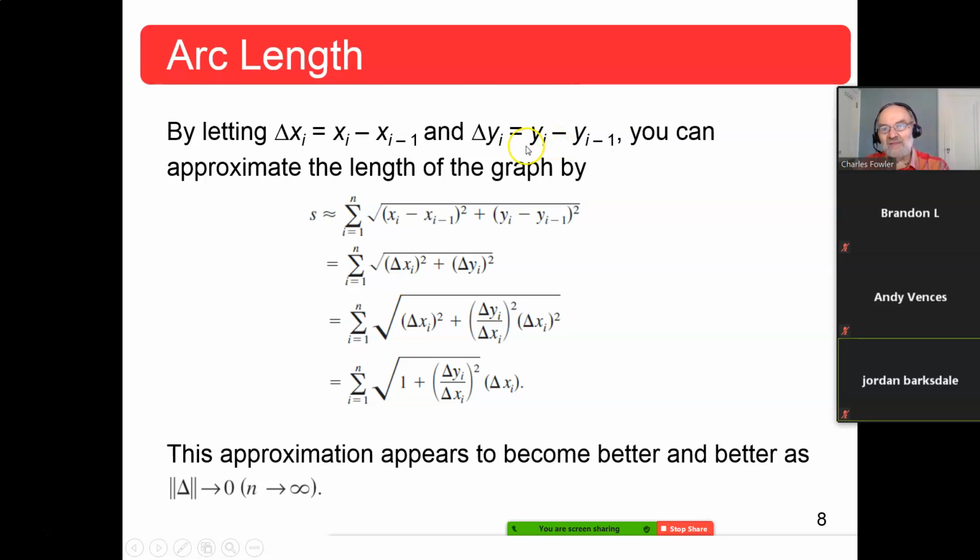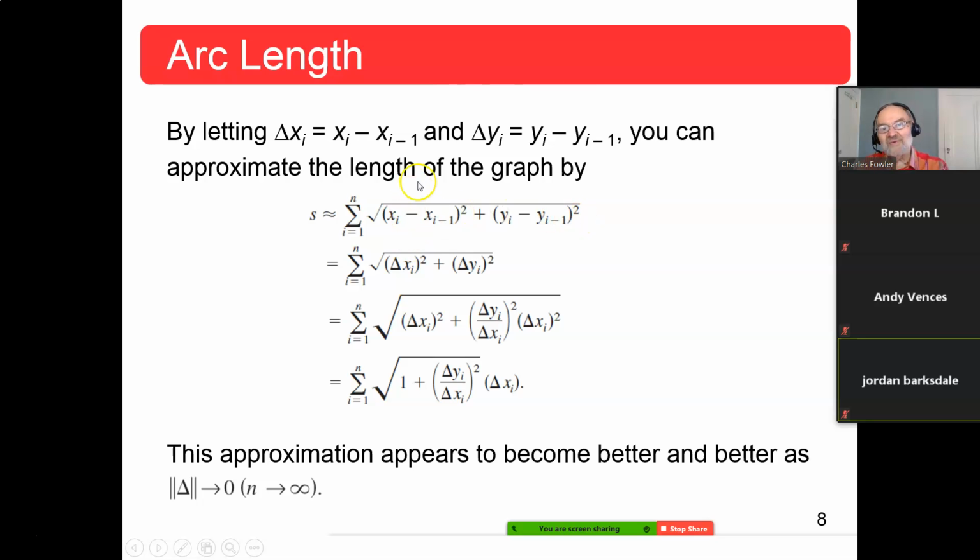Okay, then you can approximate the length of that little s, the arc length, to be the summation of all those straight line segment lengths, the square root of, and here's your good old distance formula, x sub i minus x sub i minus 1 squared plus y sub i minus y sub i minus 1 squared.